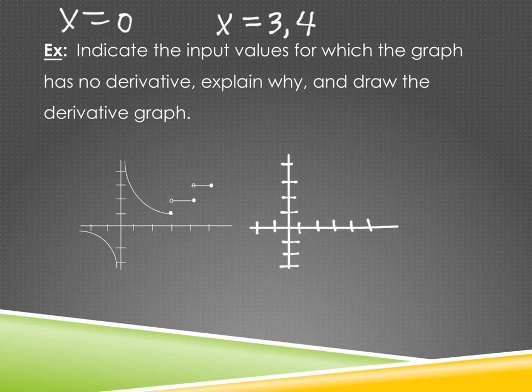Okay, let's start with 3 and 4 because those are the first 2 that you guys noticed. What's going on at 3 and 4? There's a jump in the graph. The graph jumps from a closed circle to an open circle in those locations. It's a discontinuity. Okay, so there's a discontinuity at 3, discontinuity at 4. We will not have a slope value there. What's happening at 0?